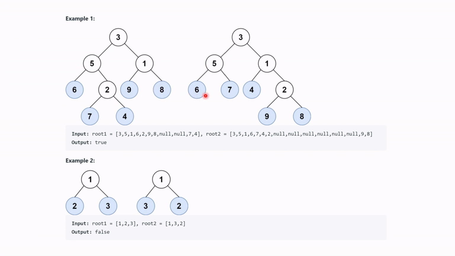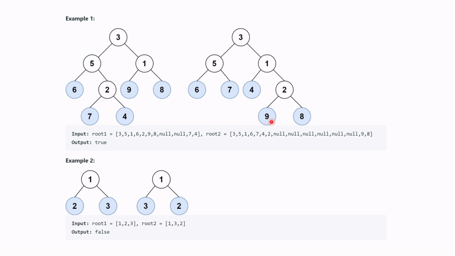But 6 and 7, the children of 2, will come here under 5. 5 has 6, which remains the same, but this node is going here, so 7 will come at the place of 2, and 4 is coming to this position. And the 2 will come here at the place of 2 8.